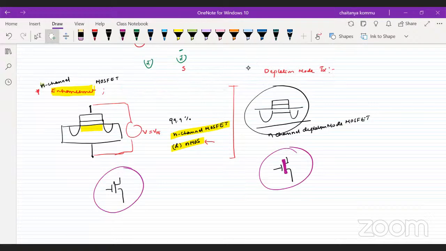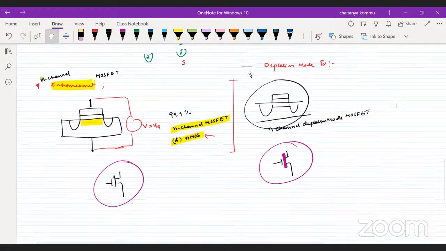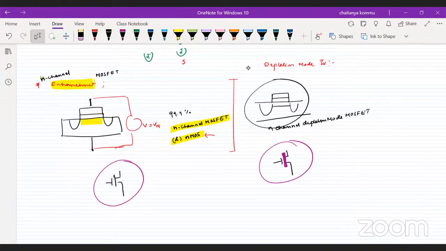What is the difference between these two? Here in the enhancement type, we have to apply the potential difference between this one and this one to create a channel.